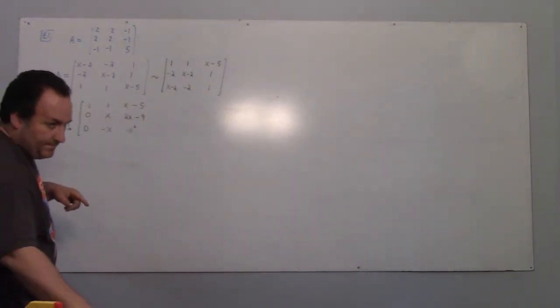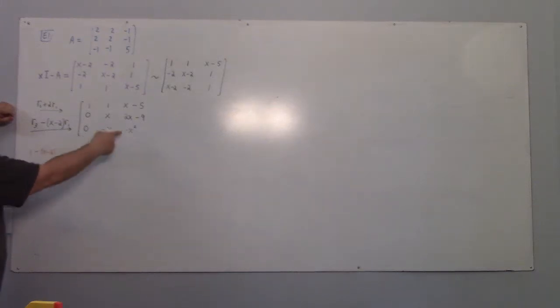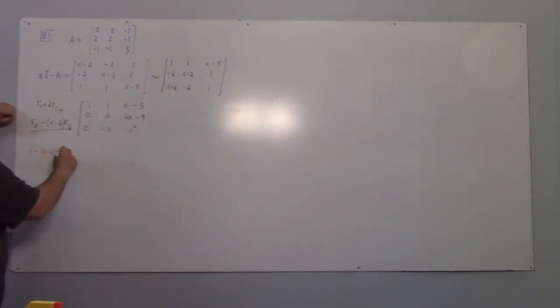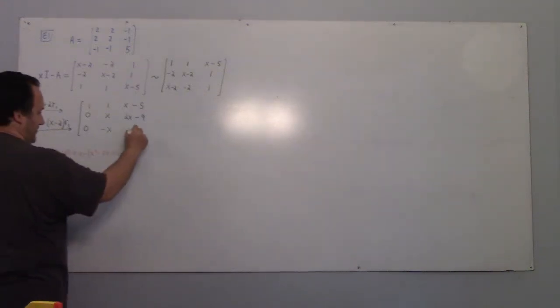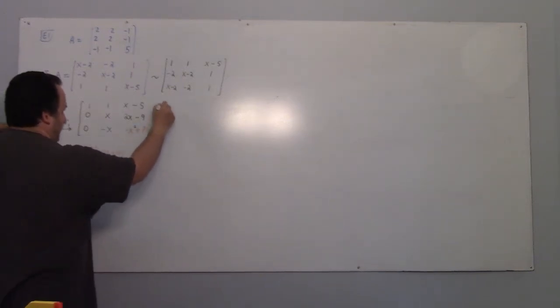I think row 3 is 1 minus (x minus 2) times the row 1, which was x minus 5. So that's 1 minus x squared minus 7x plus 10, which is minus x squared plus 7x minus 9, which is what I have in my notes, thankfully.